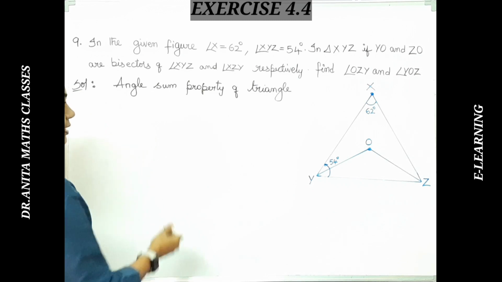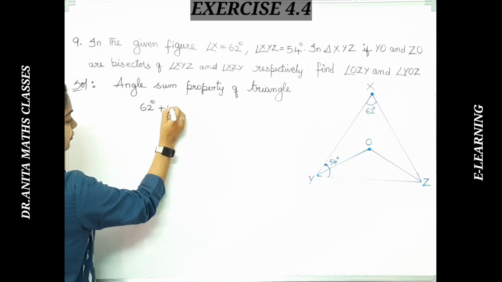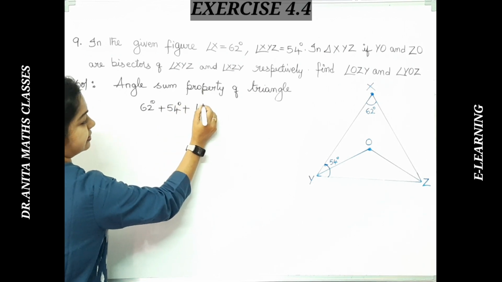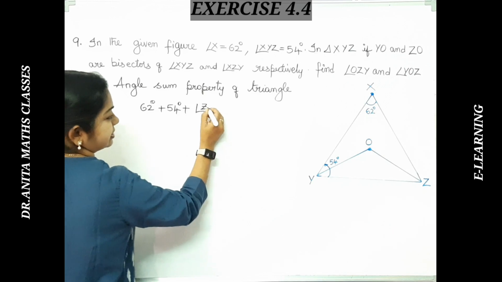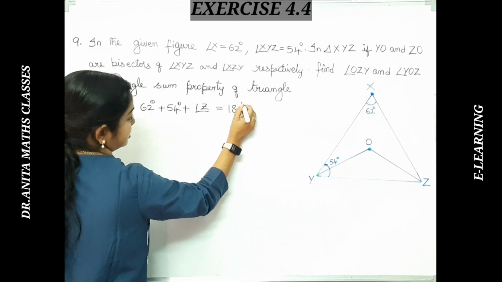According to this property we have 62 degrees plus 54 degrees plus angle Z, the complete angle, equals 180 degrees.